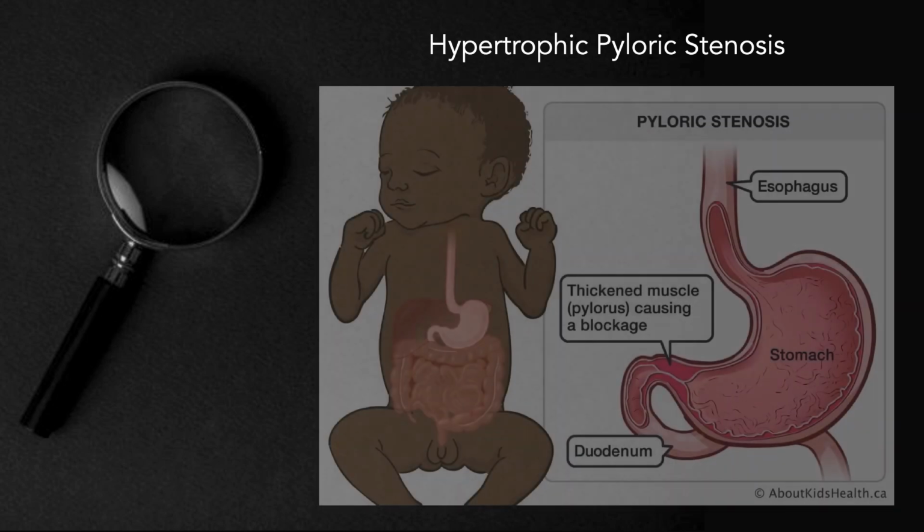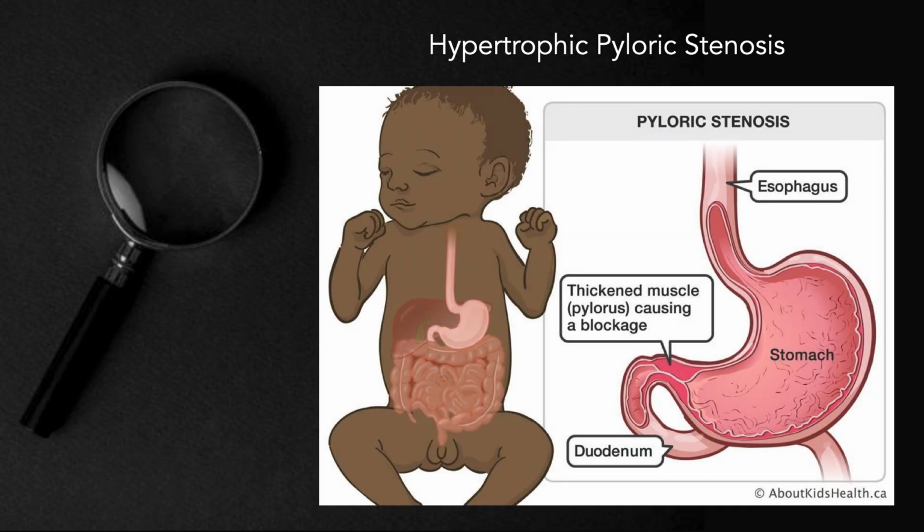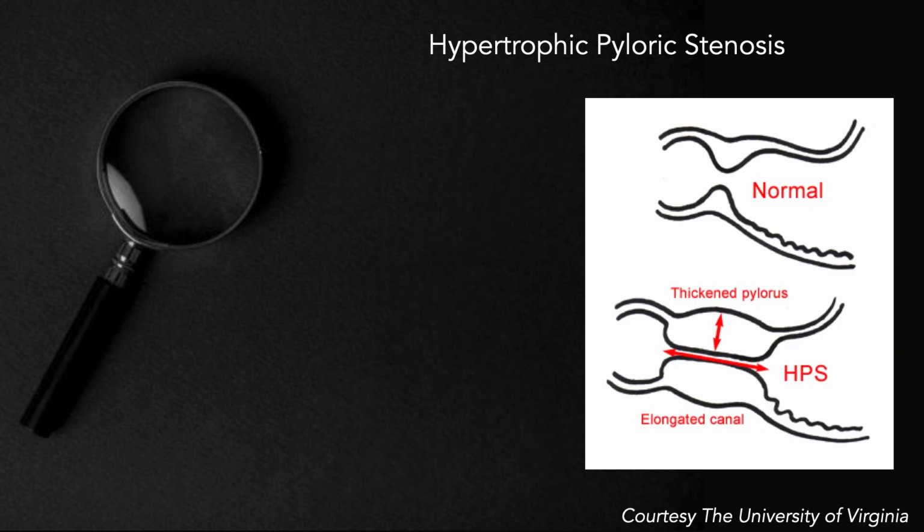And what are we looking for in hypertrophic pyloric stenosis? We're looking to identify the pylorus, that area that is between the stomach and the duodenum. This is a muscle that's normally present. However, when it becomes hypertrophic pyloric stenosis, the muscle becomes not only thickened, but also elongated.